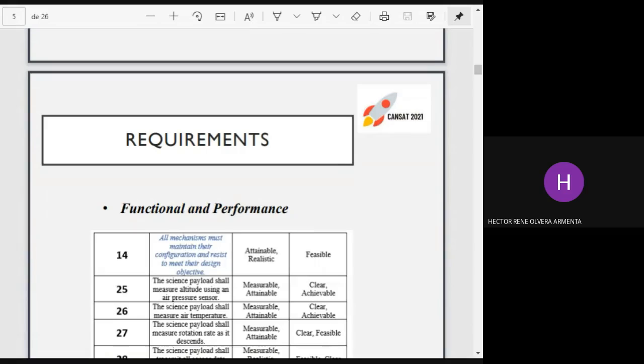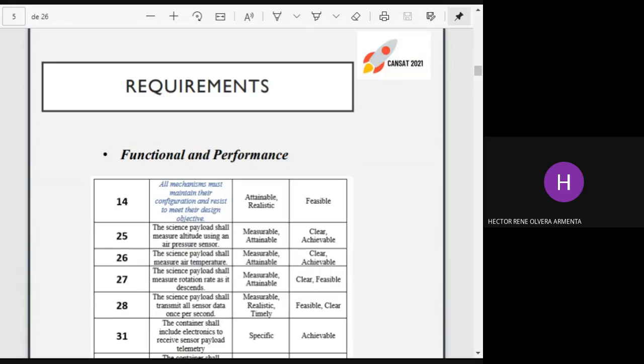Here we have a requirement that is graded in blue letter. Why is this? Because when we read the full requirements of this competition, we saw that some of them were not completely clear.